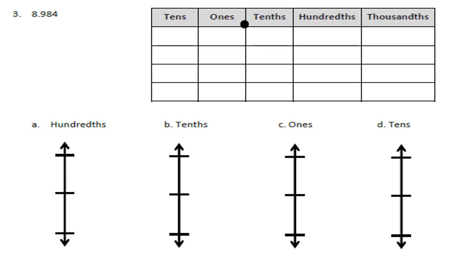Okay, on question 3, we have 8 and 984 thousandths. So I'm going to put 8 and 984 thousandths. Now the first one says hundredths. If I look at hundredths, I could say I have 8 and 98 hundredths, so I'm going to put that down here.